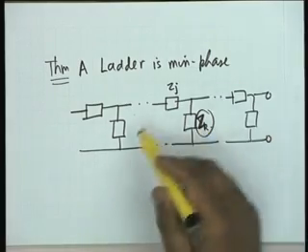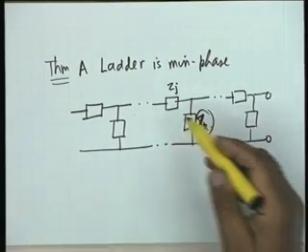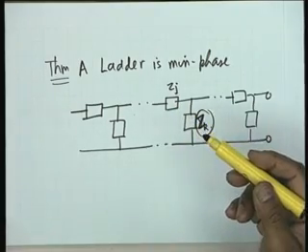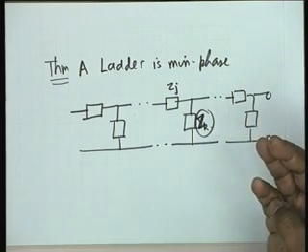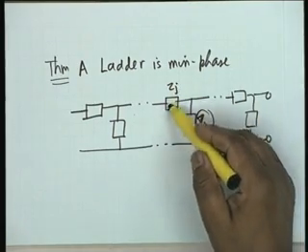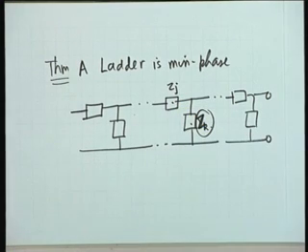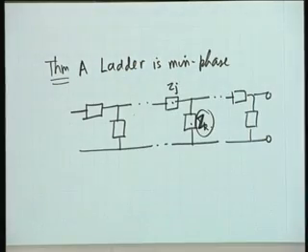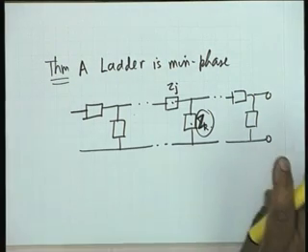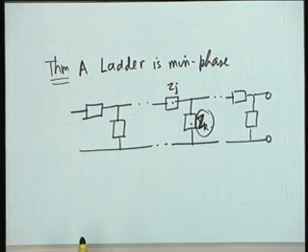And a ladder has to be made up of only impedances, right? And these impedances are passive and reciprocal, and therefore the poles and zeros of these impedances are in the left half plane. Agree? Which means that the transmission zeros of a ladder must all be in the left half plane. There is no other way that a zero of transmission can be created in a ladder, right?